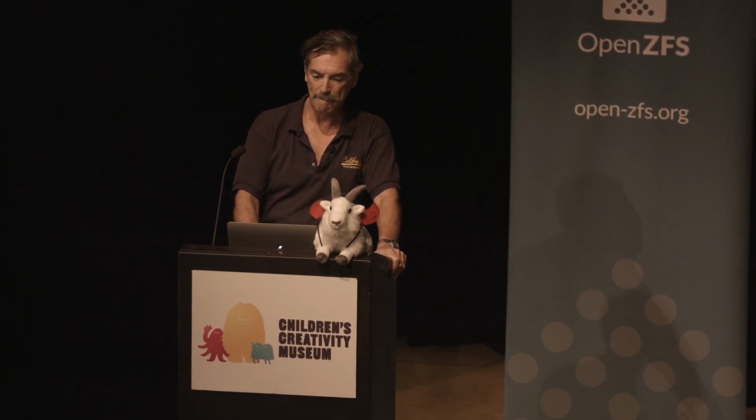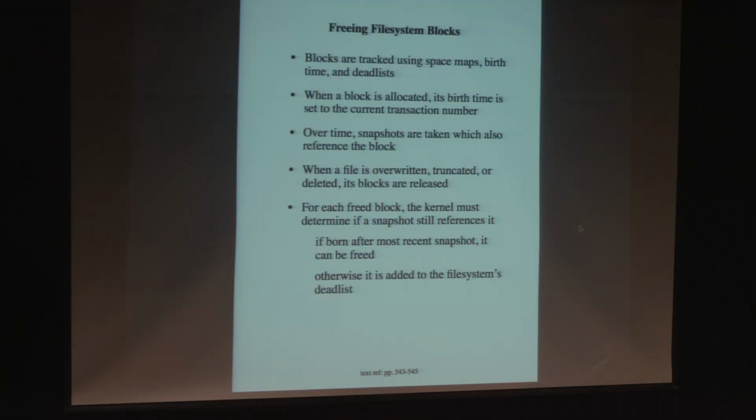Okay, so I said that the secret sauce of ZFS is knowing when to free blocks. The problem is we've got the bitmap that says what the blocks are that are free.